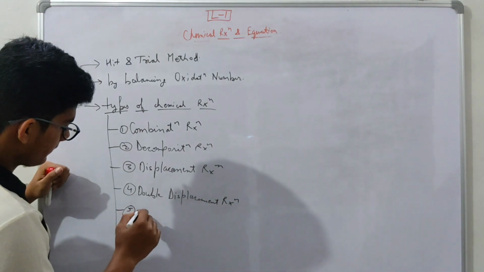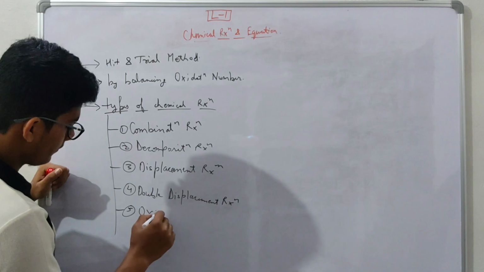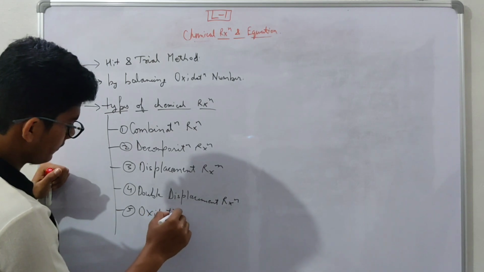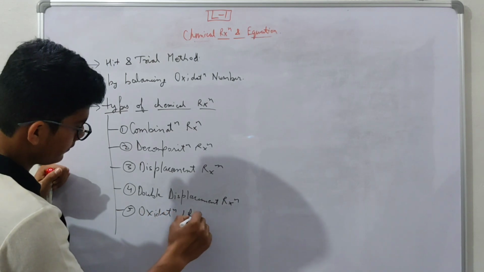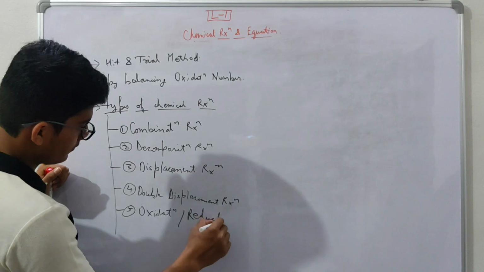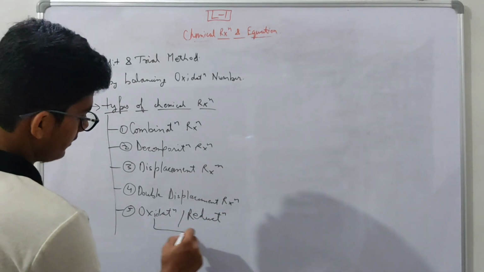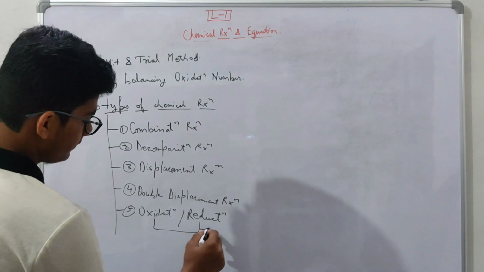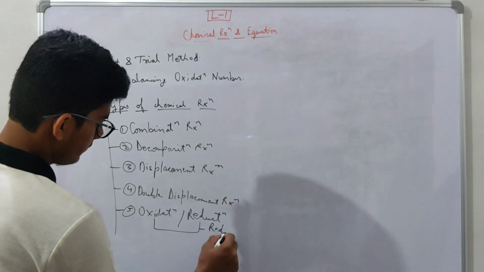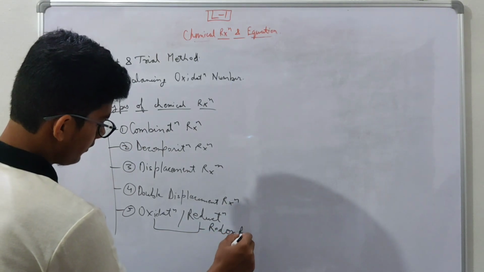Number five is oxidation or reduction, which is collectively called redox reaction.